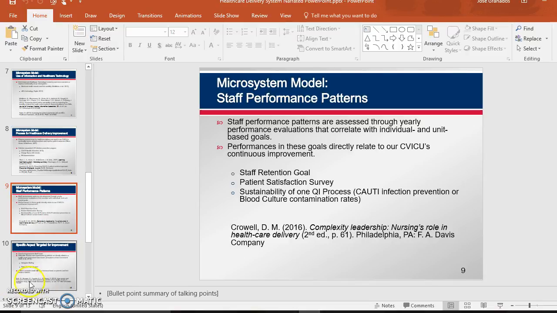What we do is that all these goals are evaluated during our yearly evaluation, and interventions are implemented based on these evaluations.